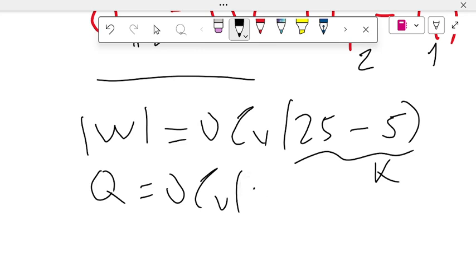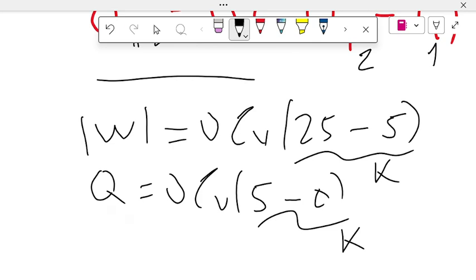We have final 5 minus 0, the same in Kelvin. Okay, so what we can see here is that the difference in one way and in the other appears to be constant.